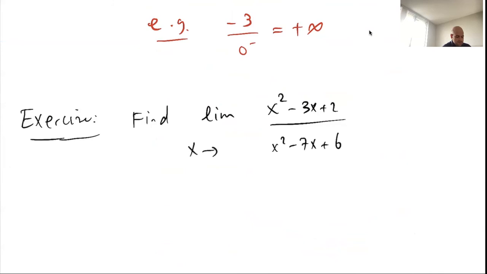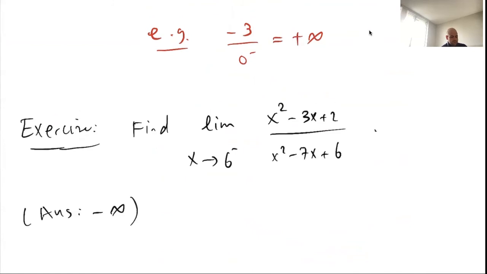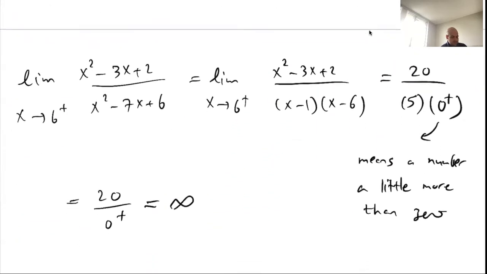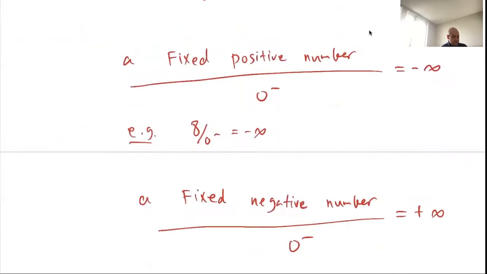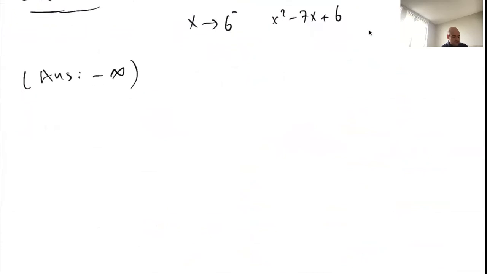Now, if this time you calculate the left limit at 6, you will see that it will be minus infinity. Right limit, we saw that it was infinity. Left limit, we will see it's minus infinity.